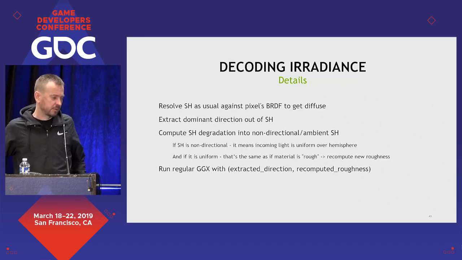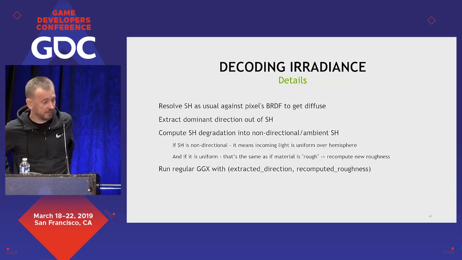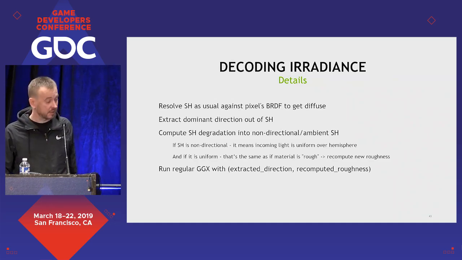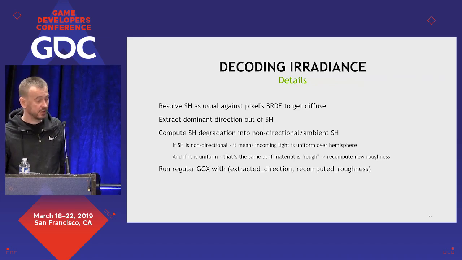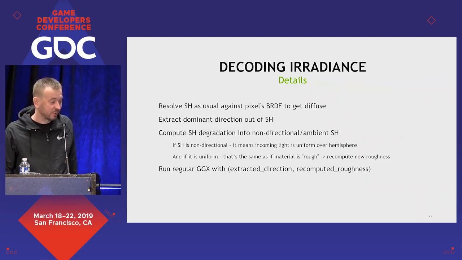So for the diffuse component, we simply resolve SH against the pixel's BRDF, but for specular, a slightly more complex process is involved. We extract the dominant direction out of SH and then compute a degradation factor, which basically says how directional the SH is, or whether it degenerated to ambient after all the accumulation and denoising going on.